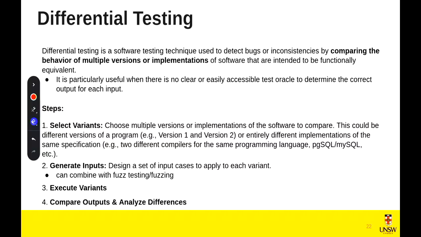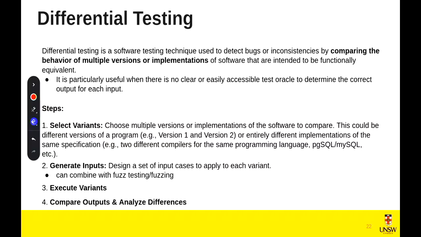For example, if we set up the database with the same data and we run the same query, both PostgreSQL and MySQL should return the same result, right? And if they return a different result, then it means that one of them must have been implemented wrongly.